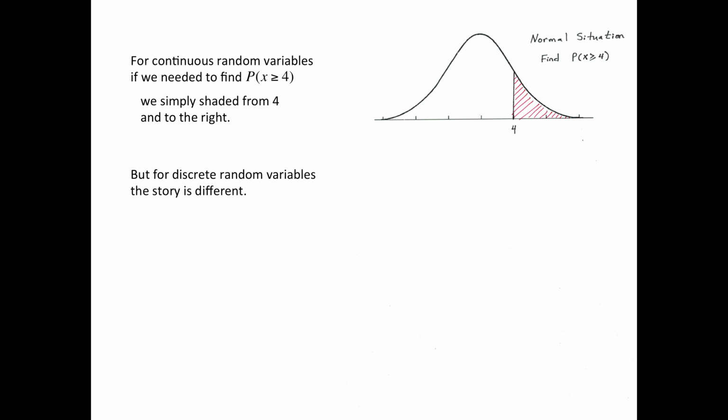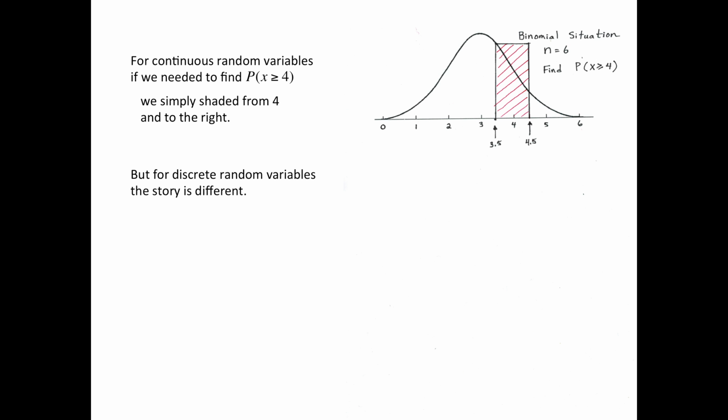But for discrete random variables, the story is different. Discrete means it's taking on countable values, like how many shoes a person owns: 1, 2, 3, 4, etc. So take a look at this. Here are the possibilities. They don't own any shoes, or there are 1, 2, 3, 4, 5, or 6 shoes.